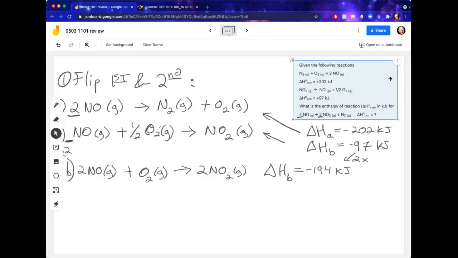And then we can set up the addition problem where we add these two reactions together. So in this case, I've got 2NO as a gas, a reaction arrow, N2 plus O2.